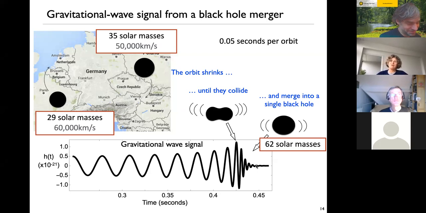And if you've been staring at the numbers I've indicated here, it is true that 29 plus 35 does not add up to 62. Where did these missing two solar masses go? Well, they were actually converted to energy in gravitational waves in the process.